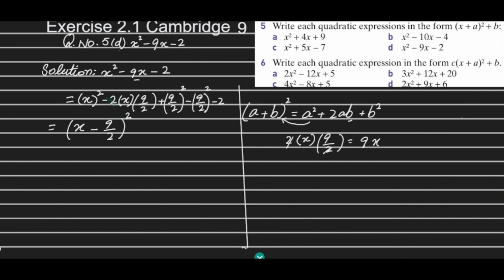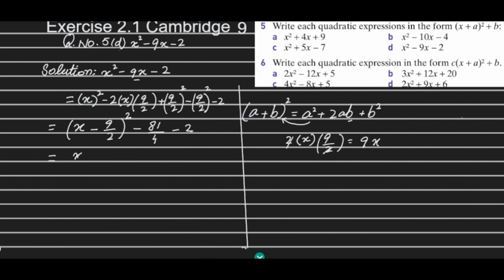The 2ab term has a negative sign, so we write a negative sign. And the remaining part is minus (9 by 2) squared. We write 9 squared is 81, 2 squared is 4, minus 2.